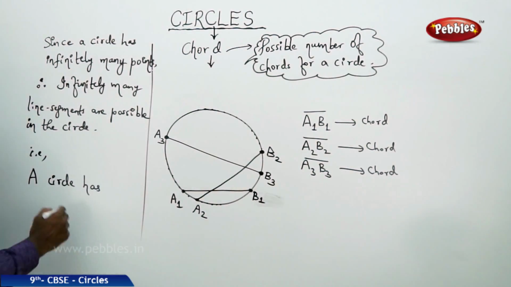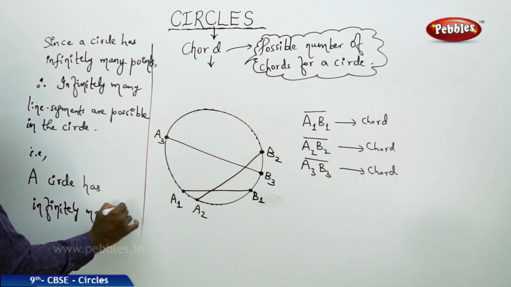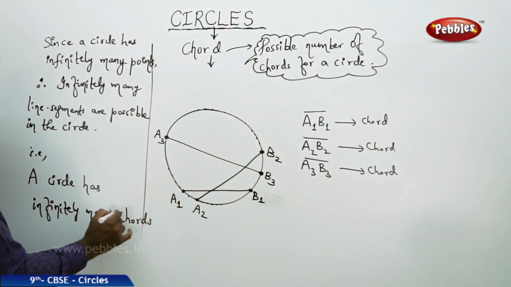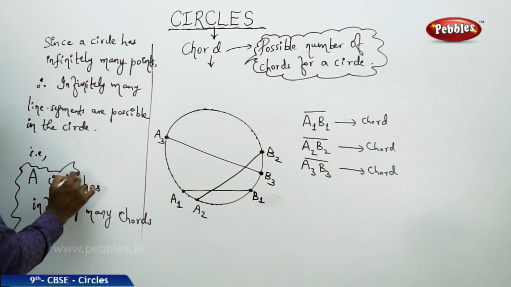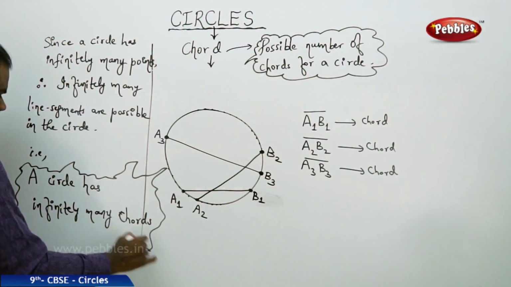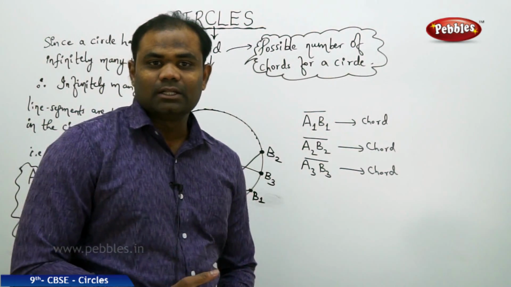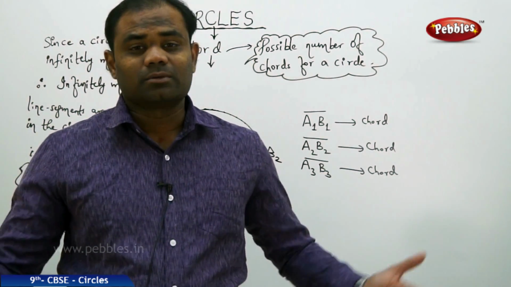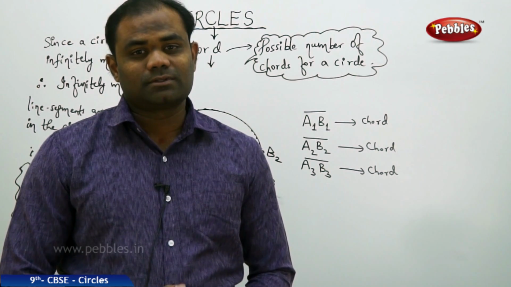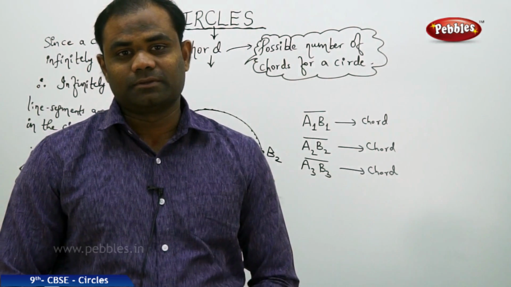Therefore a circle has infinitely many chords. This is how I understand a circle and its chords. A circle has countless chords, is how I understand it through the session's investigation.